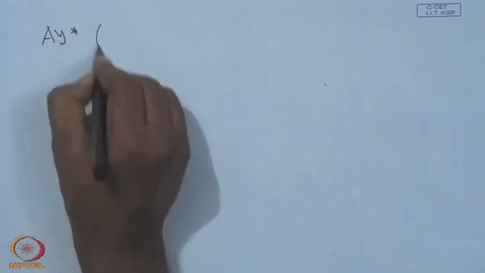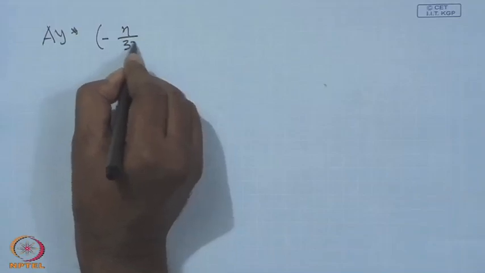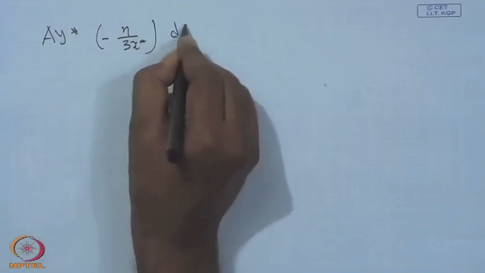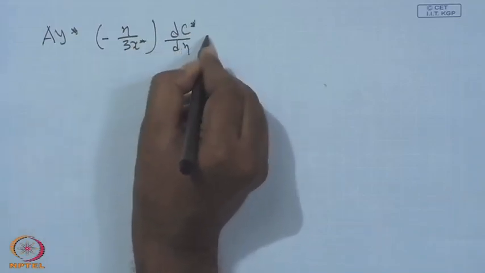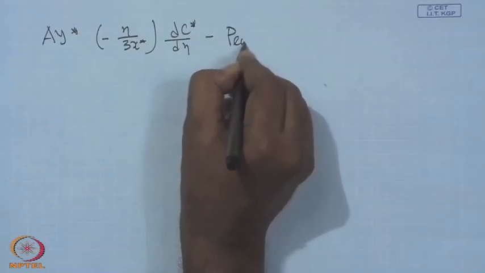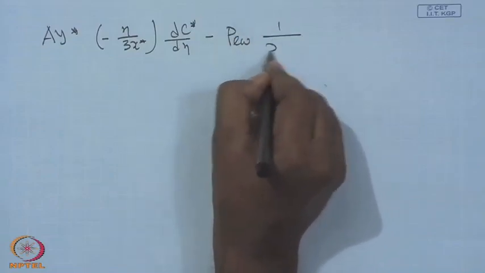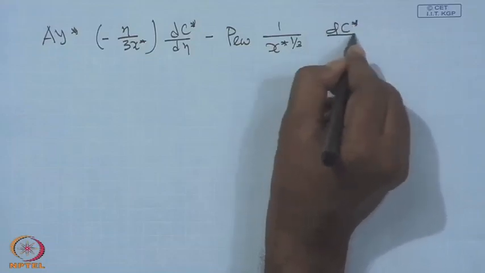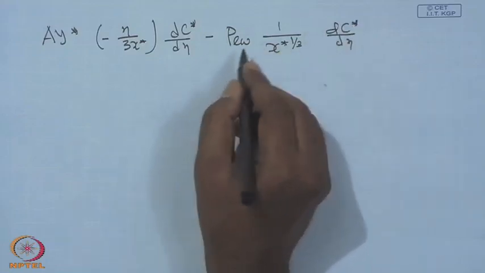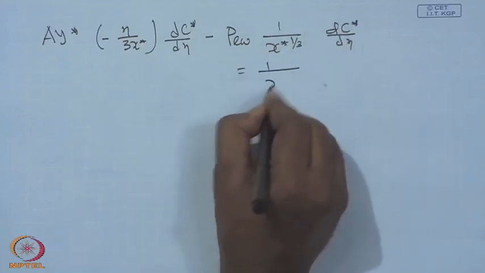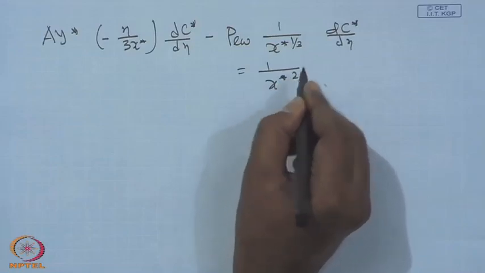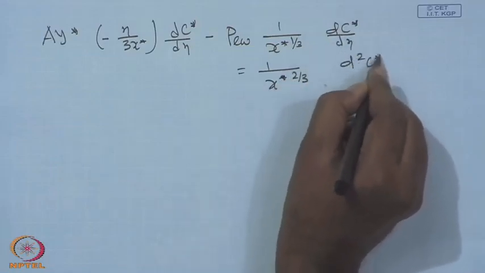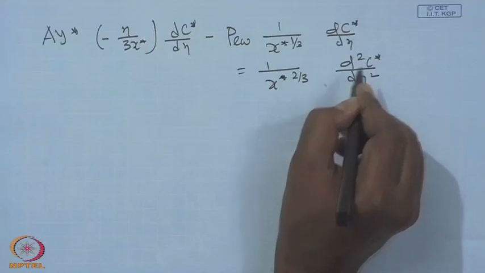If we substitute these 3 derivatives in the governing equation, we get minus eta by 3 x star d c star d eta minus Pe w, 1 over x star to the power 1 upon 3, d c star d eta is equal to 1 over x star to the power 2 by 3, d square c star d eta square.